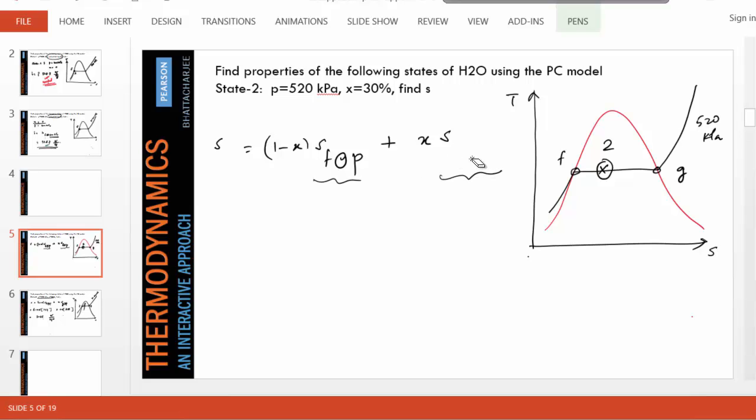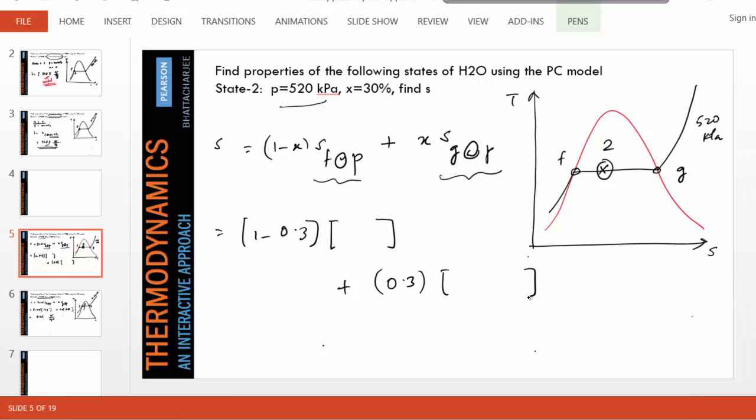Oh, this is not F, I'm sorry, it's SG at P. So we have to go to the pressure saturation table, because pressure is supplied, and pick up these two numbers. And X is given, so it's a fairly straightforward problem. So if we set it up, it's 1 minus 0.3 times whatever value we get from the table for SF, plus 0.3 times whatever value we get from the table for SG. So let's get started.